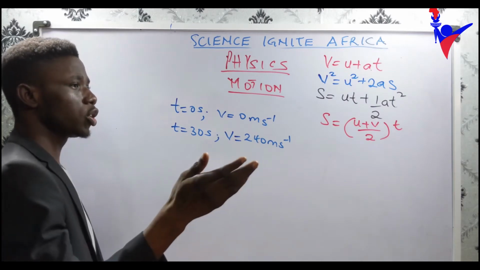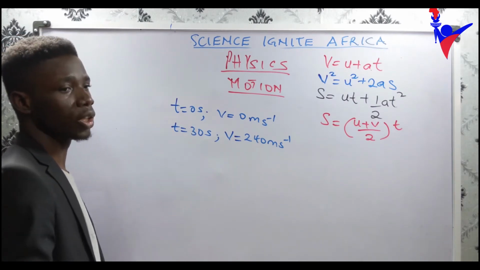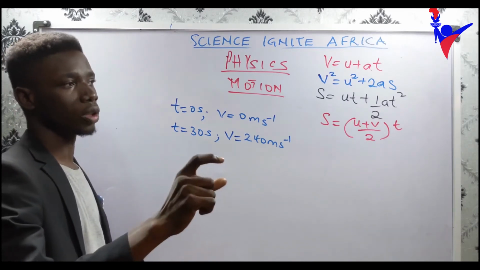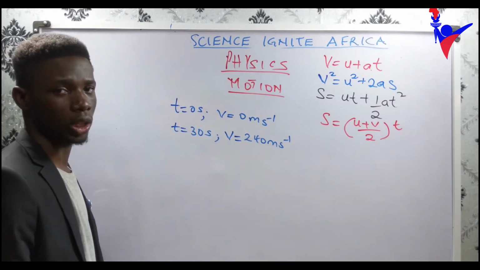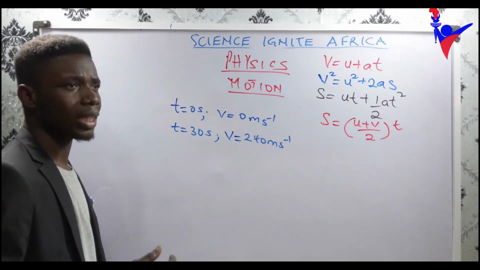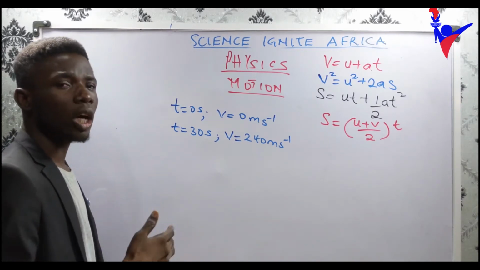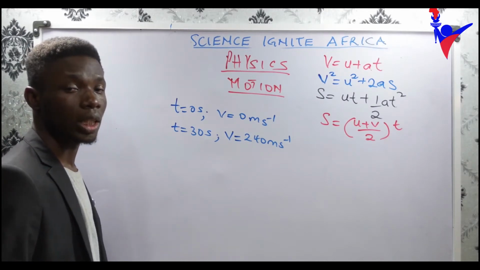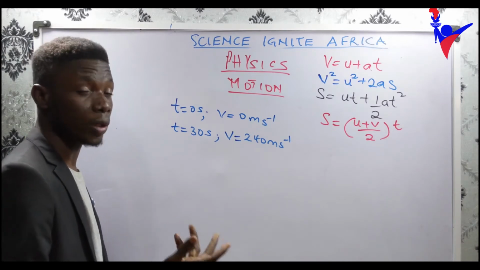Acceleration. But if you continue, the question said a body at rest was given an initial uniform acceleration of 8 meters per second squared for 30 seconds, after which the acceleration was reduced. This is telling you something. It said acceleration was reduced. Remember I said the other time that whenever you have a reduction, a decrement in acceleration, this type of acceleration is known as deceleration or retardation.